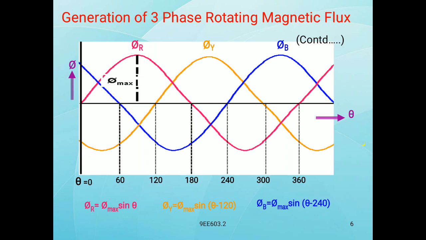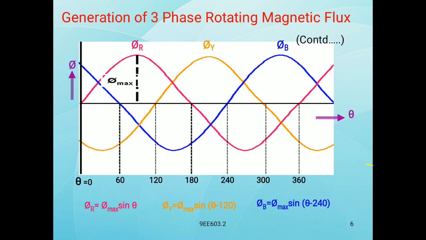Flux is on the y axis and theta is on the x axis. On the x axis theta equals 0 degrees, 60, 120, 180, 240, 300, 360 degrees. The y axis is the flux varying with time.